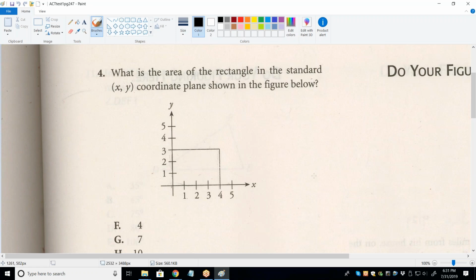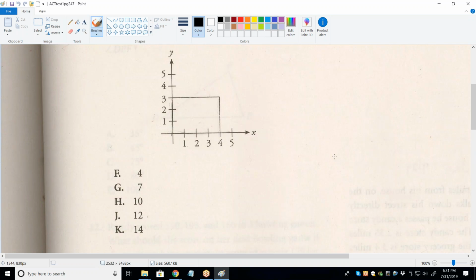All right. Remember, these are easy because they're small numbers. This is number 4. It's the area of that rectangle. What's the area of a rectangle? What's the formula for it?